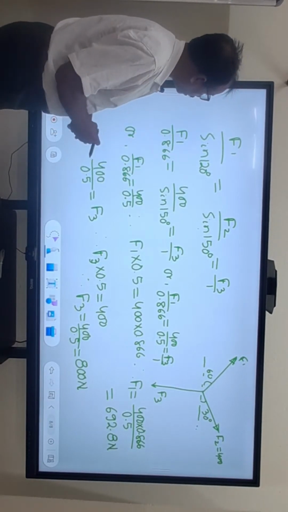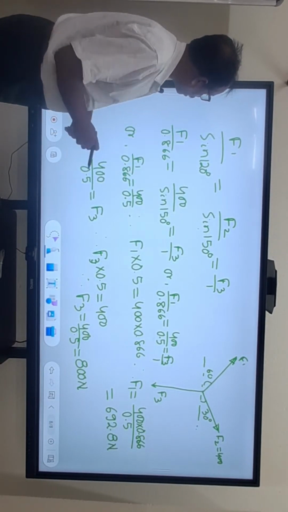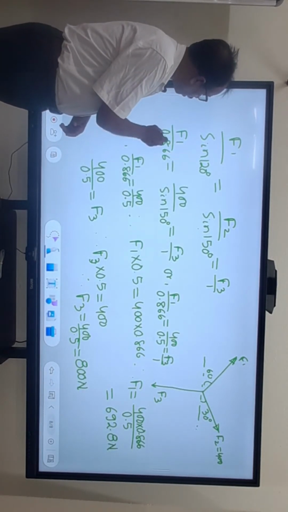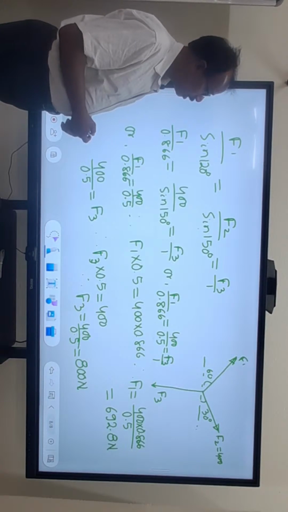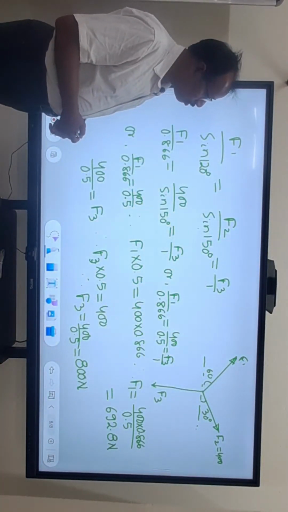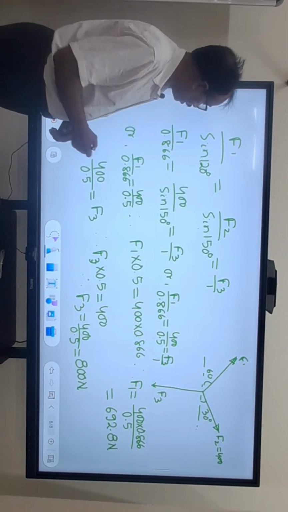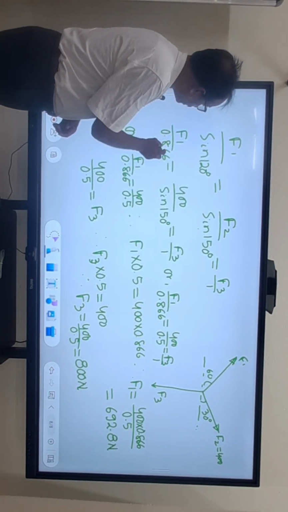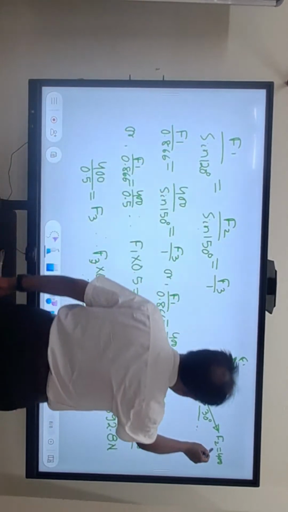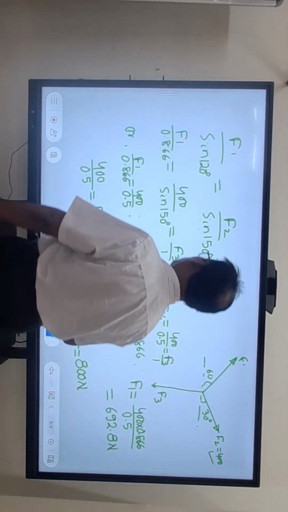From the calculator, sine 120 degree is equal to 0.866 and sine 150 degree is equal to 0.5. Here F2 is equal to 400, given.